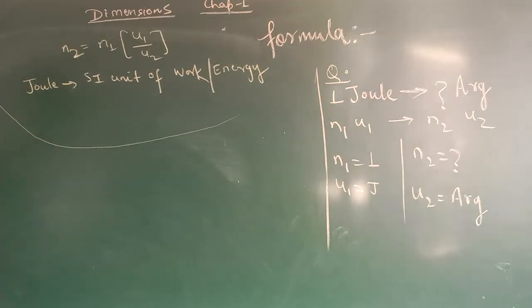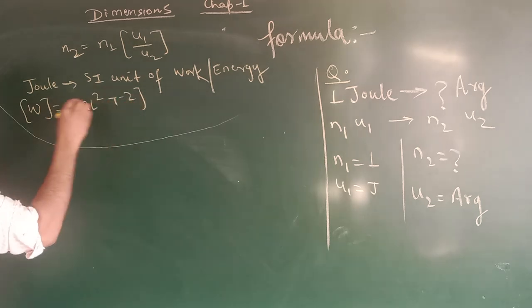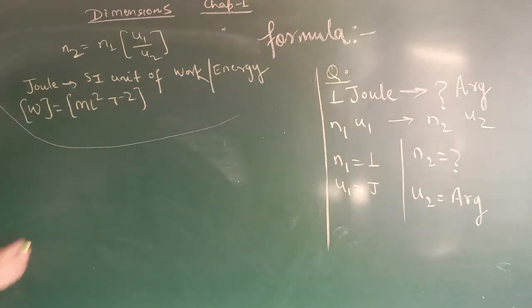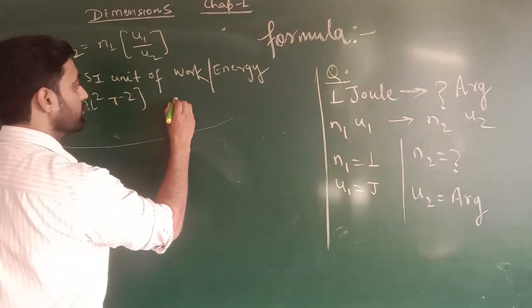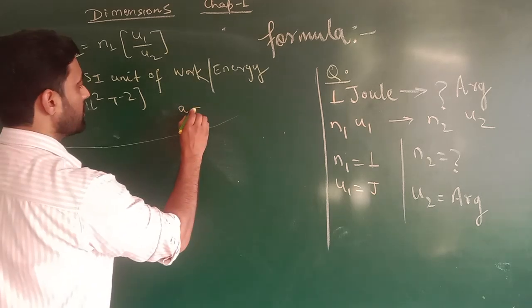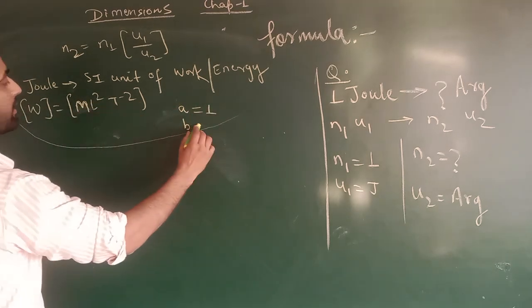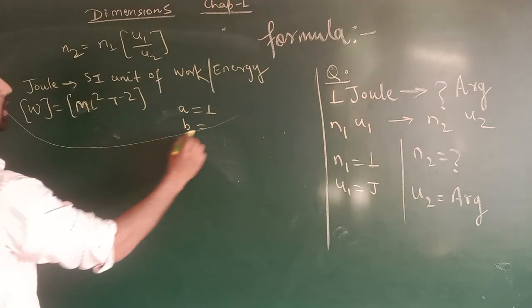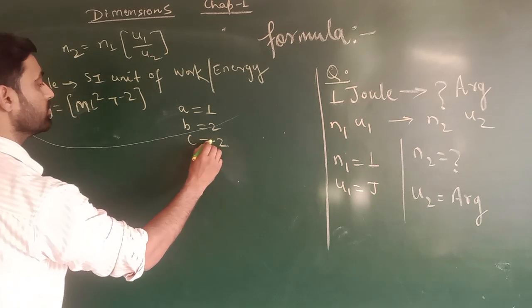Let's write out the dimensional formula of work, that is ML squared T minus 2. These powers will be known as a, b and c. The value of a, the M power, is 1, b is the L power, that is 2, and c is the T power, minus 2.